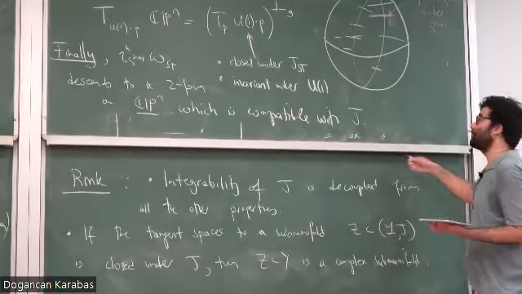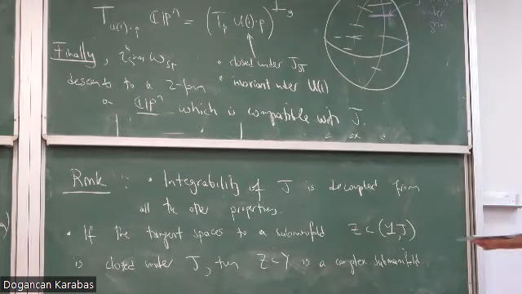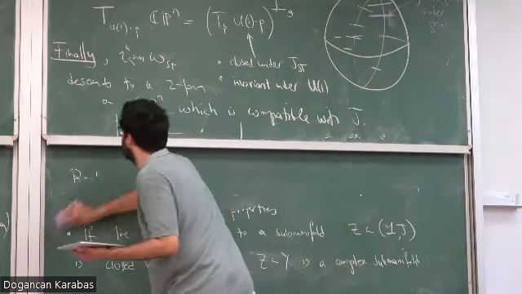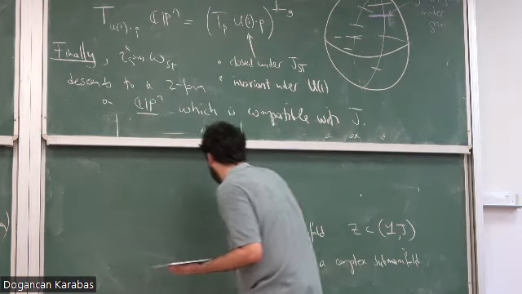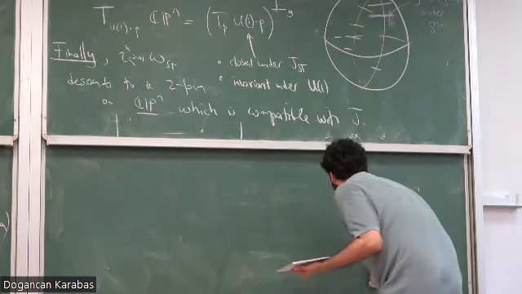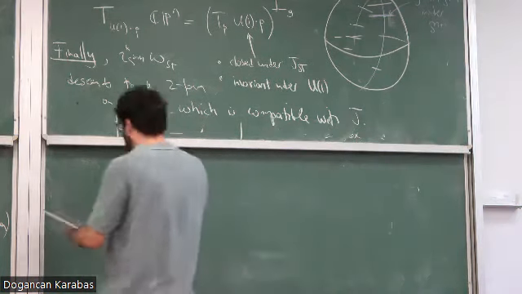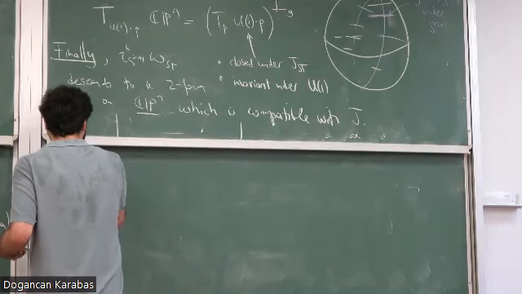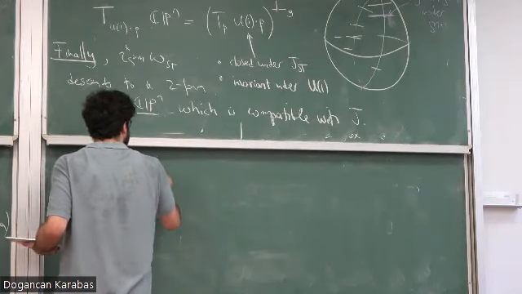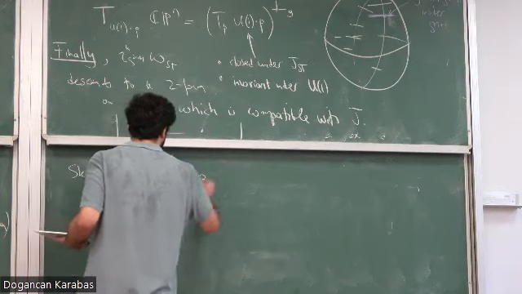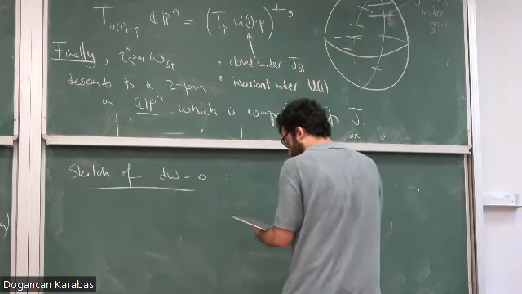Okay, so here's what you do. So we have a sketch of d omega equals 0. Okay, here's how it goes.